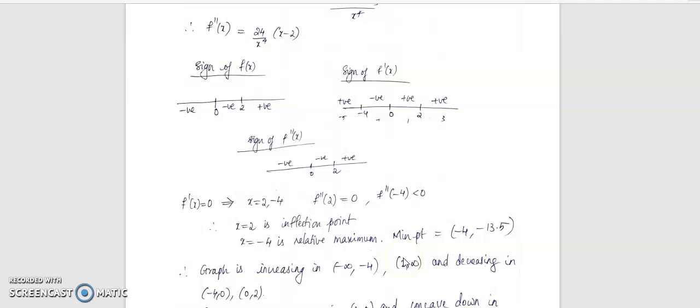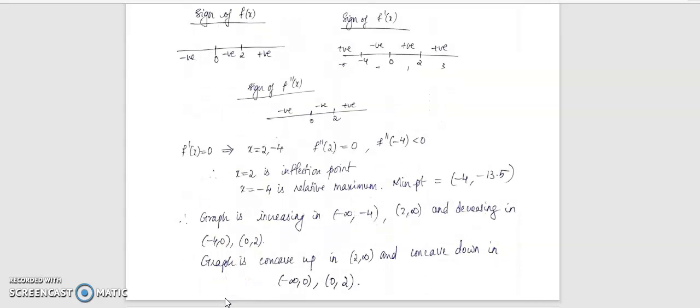Sorry, this is again 0 to infinity. Sorry for that mistake. Graph is increasing in minus infinity to minus 4. ഇവിടെ പോസിറ്റീവ് ആയിട്ടുള്ള ഇവിടെയാണ് minus infinity to minus 4 and then മൊത്തം 0 to infinity വരും. 2 to infinity അല്ല, 0 to infinity ആണ്. And decreasing in minus 4 to 0 and 0 to 2. So at 0 function is not defined. That's why we are not including the point 0.